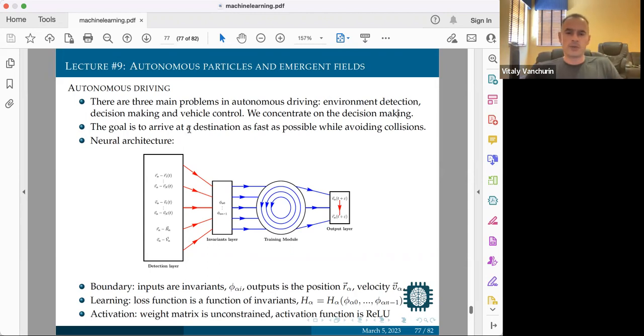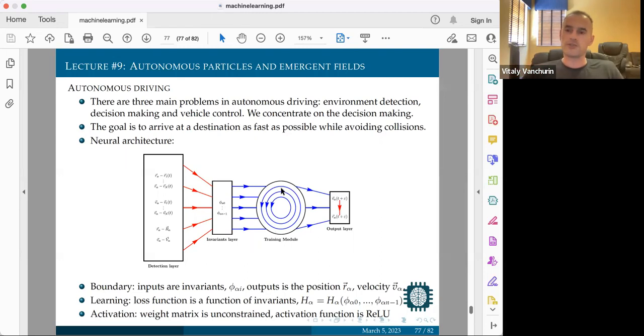Okay, so this is the setup. In this neural architecture, you have a detection layer that detects the positions and velocities of all cars. Then it forms some number of invariants, a very small number of invariants. So there is a lot of information here, and little information there. Then it uses a completely unconstrained neural network.